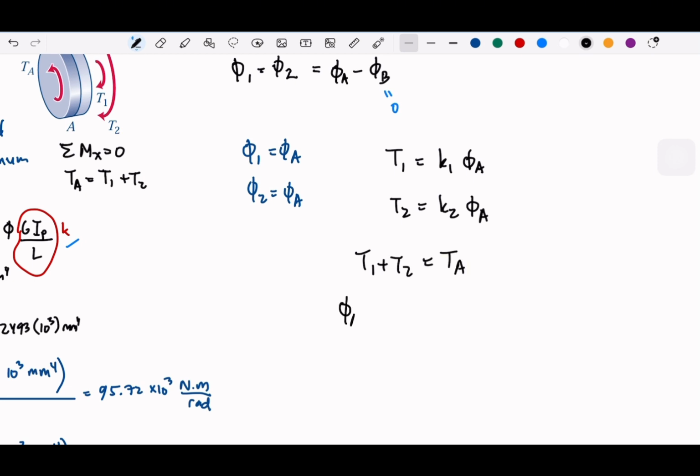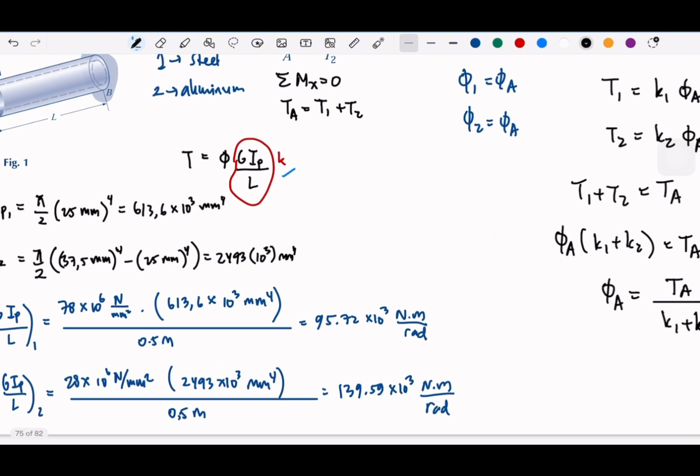So the twist angle at A, K1 plus K2 equals TA. And since we have computed the K, we can write the twist angle at A as TA divided by K1 plus K2. So we can input these two.